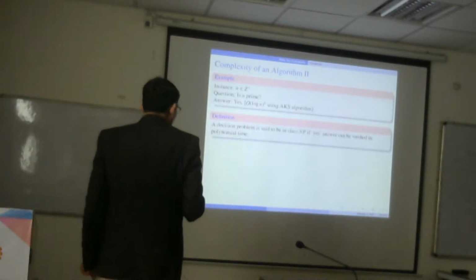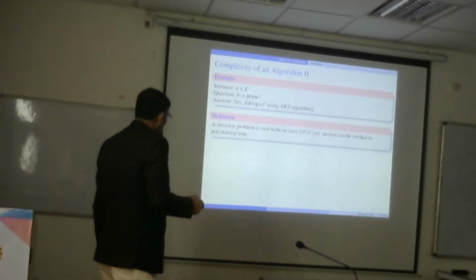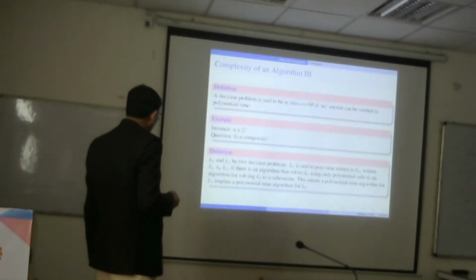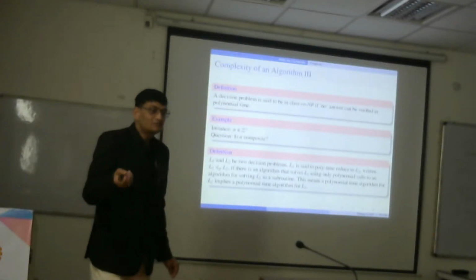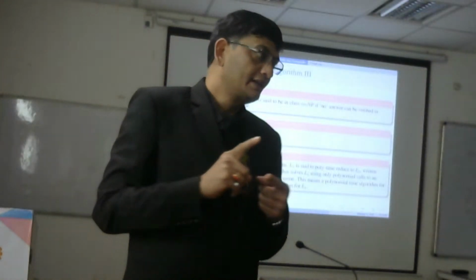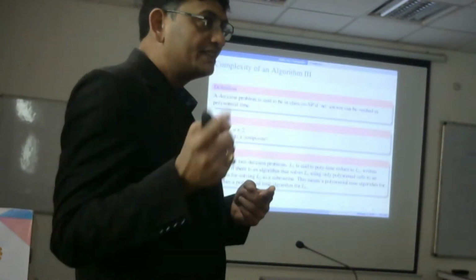A decision problem is said to be class NP if its answer can be verified in polynomial time. NP means non-deterministic polynomial time, like a Turing machine, then a non-deterministic Turing machine.